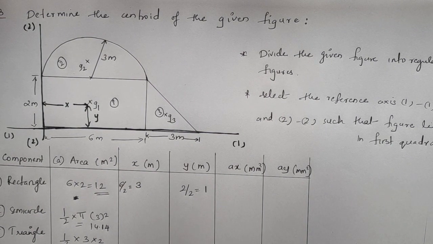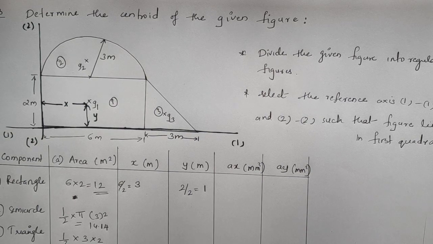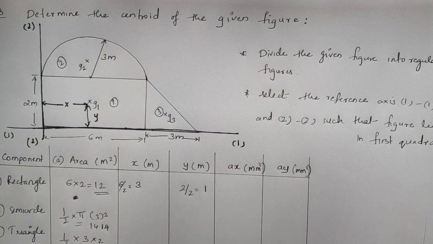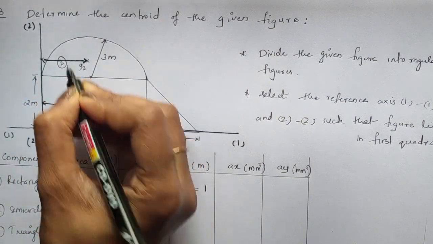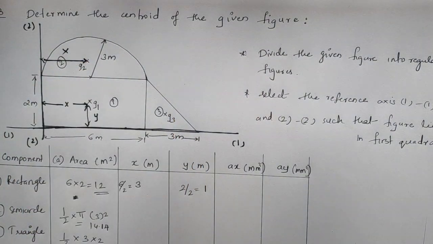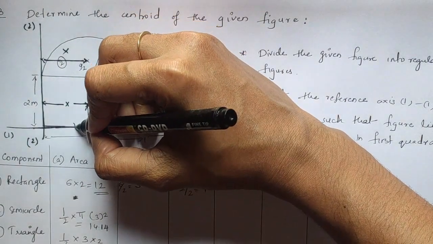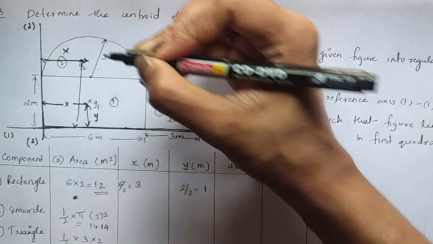Then for the semicircle, if you are taking x and y, the x of the semicircle is going to be this distance from this y-axis till here, but the y distance will be from this particular axis till this.